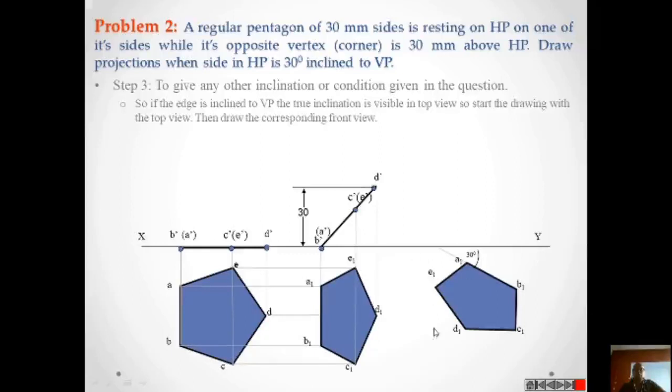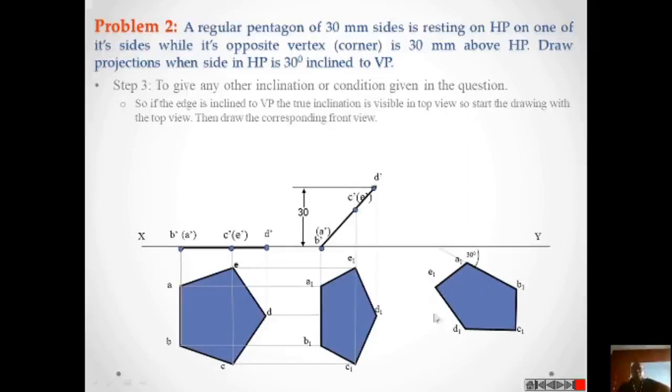While drawing this top view of the pentagon, it should not cross the XY line. It should be below the XY line. That is the only care we have to take.